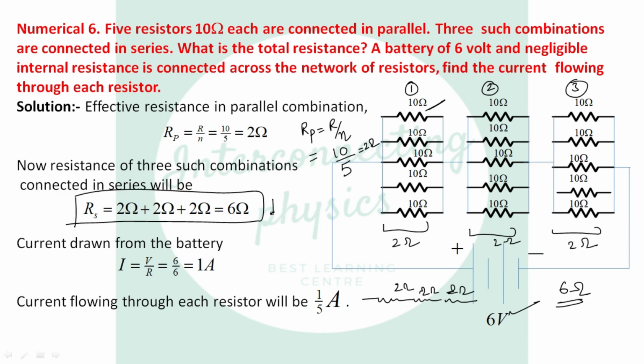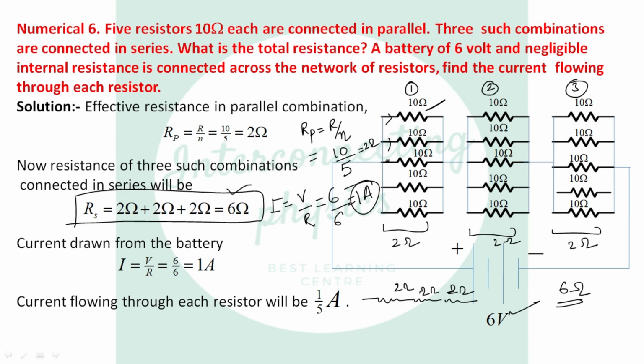Now what is the current? Current will be voltage divided by resistance. Voltage is 6, resistance is 6, so 1 ampere. Now we know that in a parallel combination, current gets divided, but in series, current is the same.